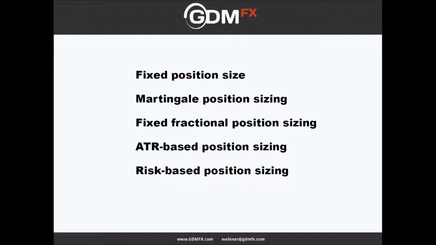Therefore, the first type of position sizing we will have a look at is the fixed position size. This is probably the most widely used position size technique. A trader just uses a fixed lot size, for example, one standard lot, on all positions he makes.